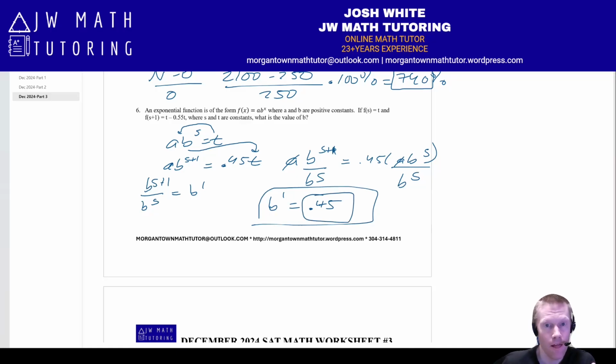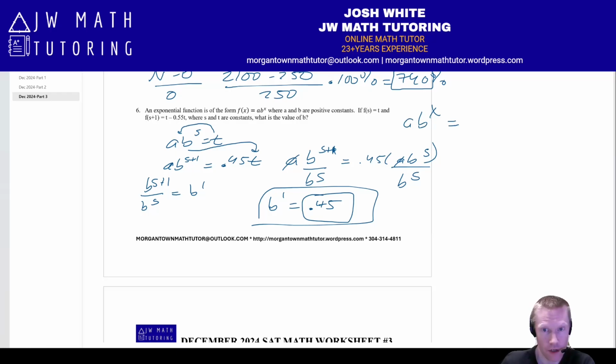Now, theoretically, you would probably be able to figure this out just by looking at it and realizing that since this is an exponential function, and you have a, b to the x, right? For every increase in x, say by 1 unit, you're going to multiply your y value by b.